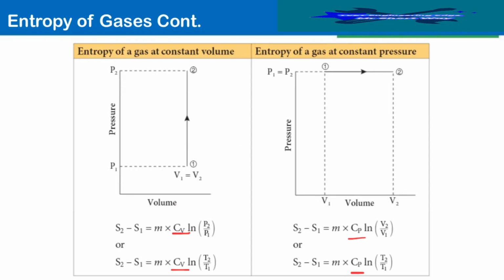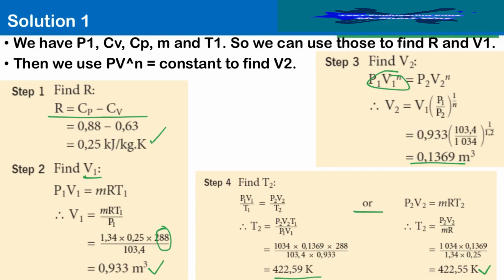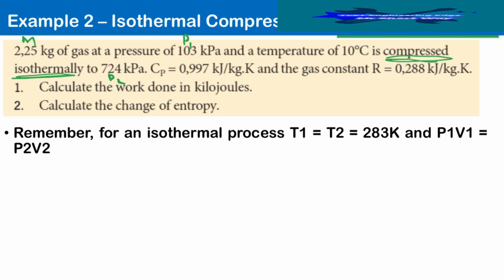Let's go back to the question and see what variables were given. They wanted to calculate the work done in kilojoules. Okay, cool. They've given us P1, they've given us T1, they've given us P2. So with that being said, what are we going to use?